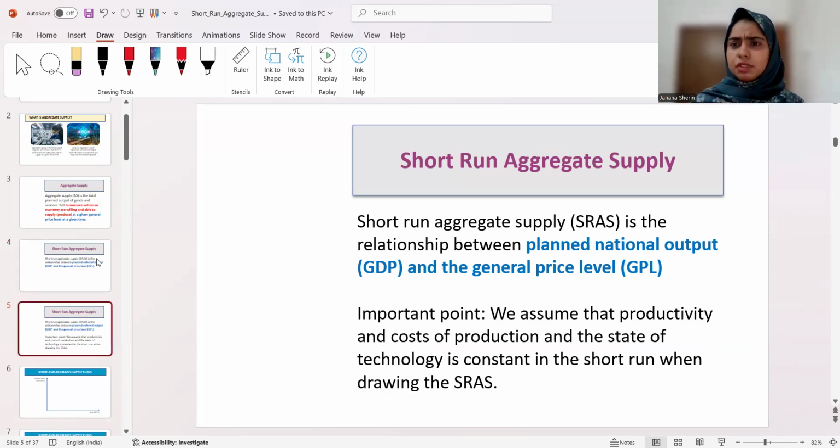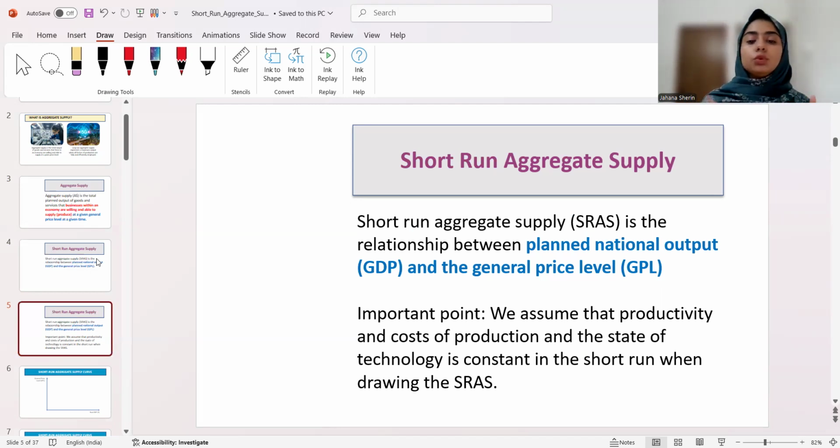So what is the difference between the long run and the short run? In the short run, some factors are constant. In the long run, all the factors are variable. There are no fixed factors in the long run. This is the one and only difference between the short run and the long run.